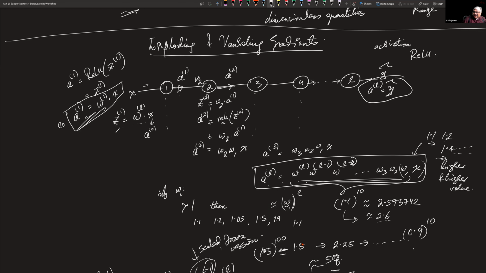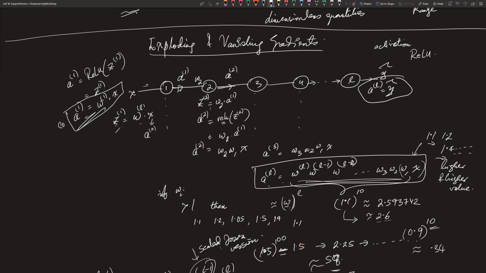Could somebody please do that for me quickly? 0.34, right? So in 10 layers, even with a big number, it became that.